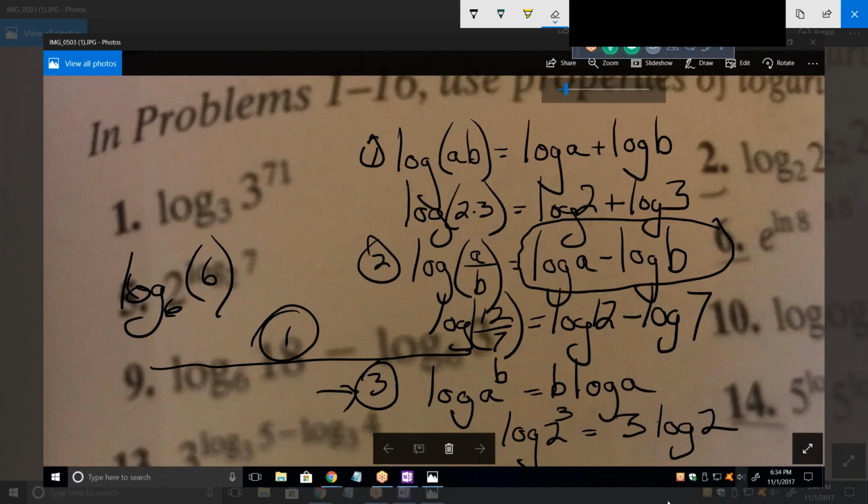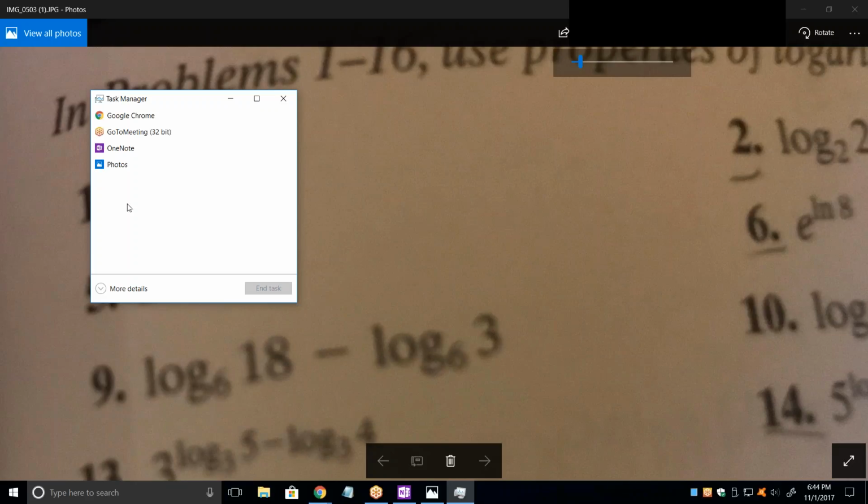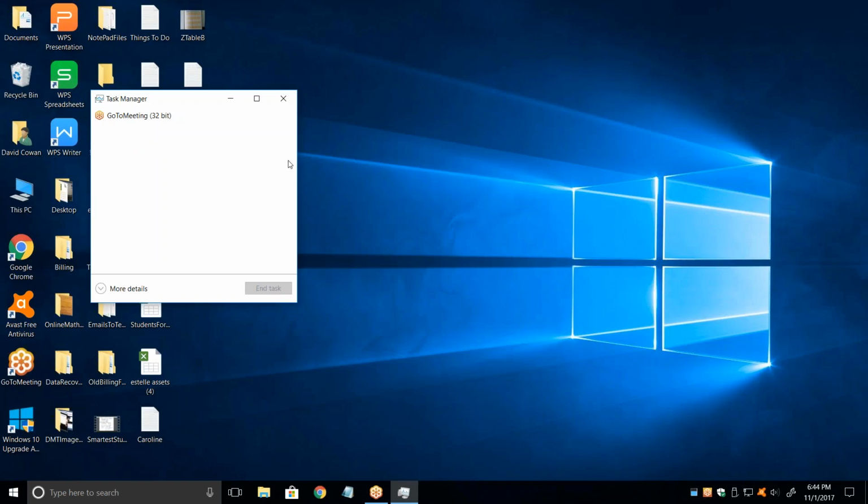Control, Alt, Delete. Yeah, maybe. I'm not even sure what this software is called. It doesn't appear to be under my task manager. Let me close out OneNote. That might help. Let me close out this photo. Okay.